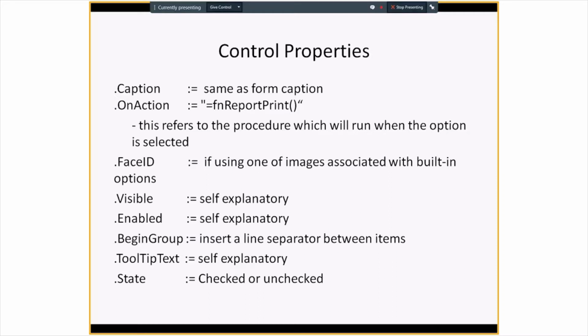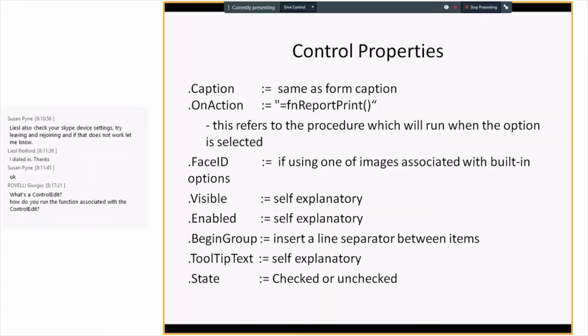So in some applications, you might have a list of options that you want your user to be able to select, and you basically want them to be able to check that as yes or no. One method to do that is a shortcut menu. You can store those values, and then you can refer back to the value of the state property of that control to process that information when you need it.